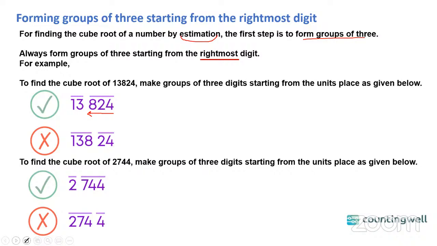Similarly, to find the cube root of 2744, we group the 3 digits starting from the units place, so the number 2744 is grouped as 2 and 744.